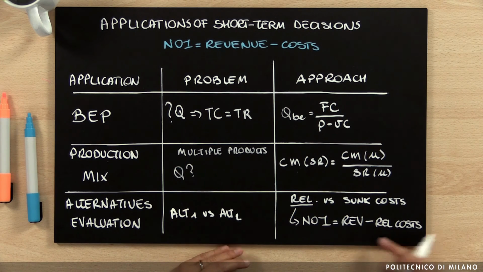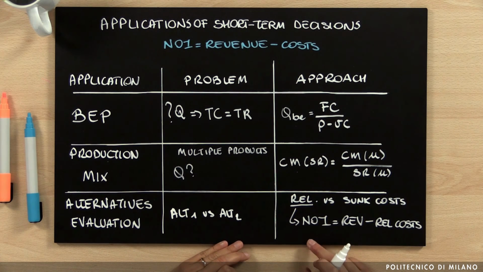And the alternative that is able to generate the highest net operating income is the selected alternative.